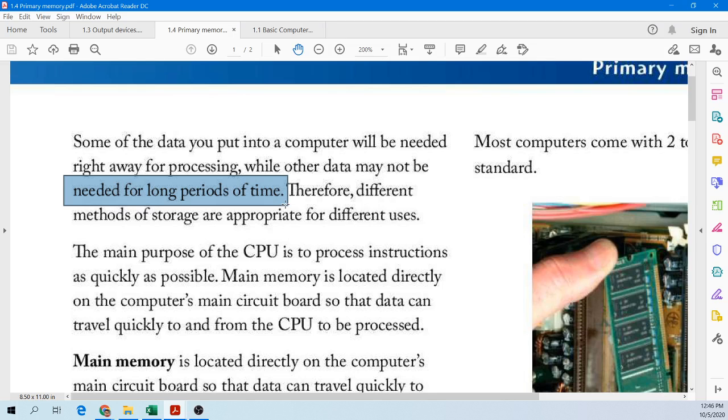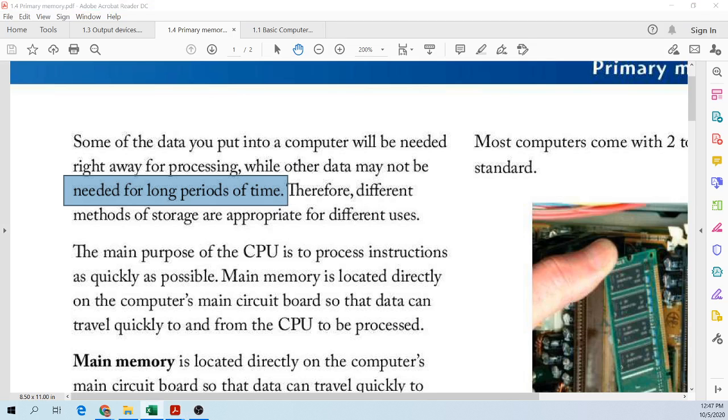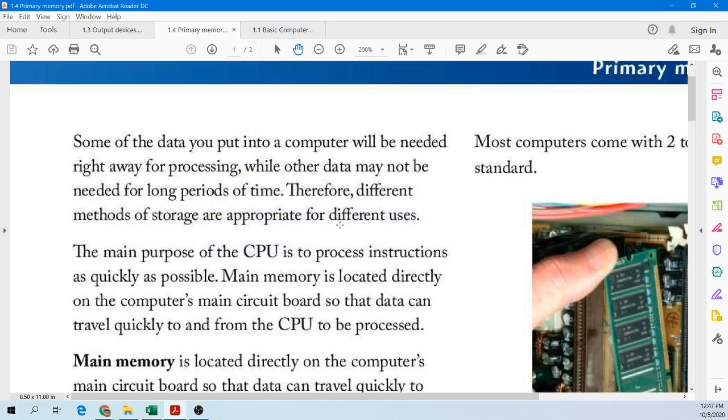Depending on how readily you need the data, how urgent the need for that data is, that will determine the data's location in the computer.